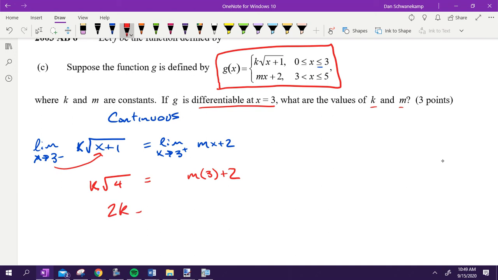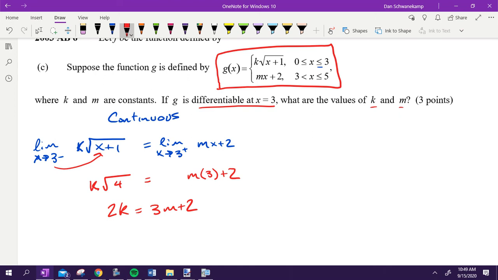So 2k equals 3m plus 2. Can we do any more solving there? No, I'm kind of stuck. All right, so that's as far as I can go. That's the continuous function. Fine. I also need to be differentiable.